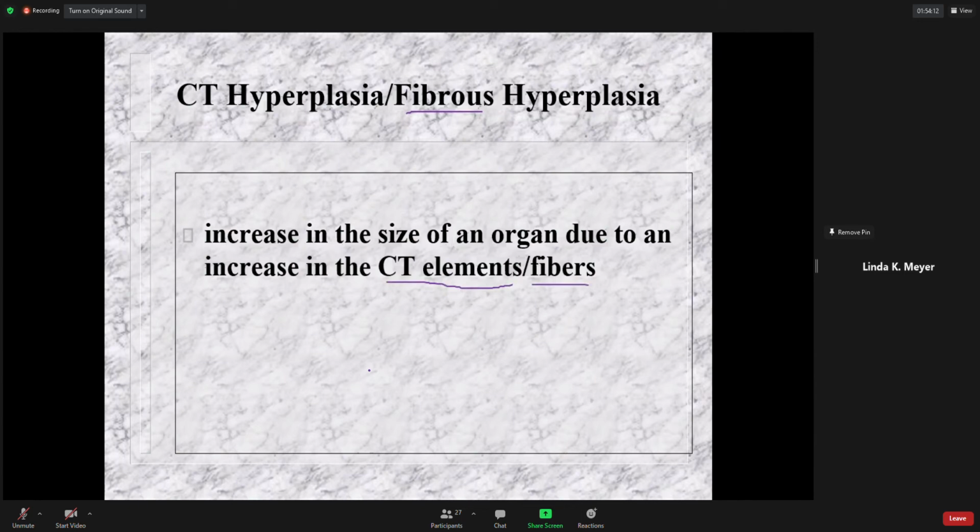It doesn't necessarily just mean the cells, the fibroblasts that are found in the connective tissue, but the products. So extra production of collagen fibers, for example, which causes enlargement. And after you record the definition, I'm going to go ahead and show some oral examples of this.